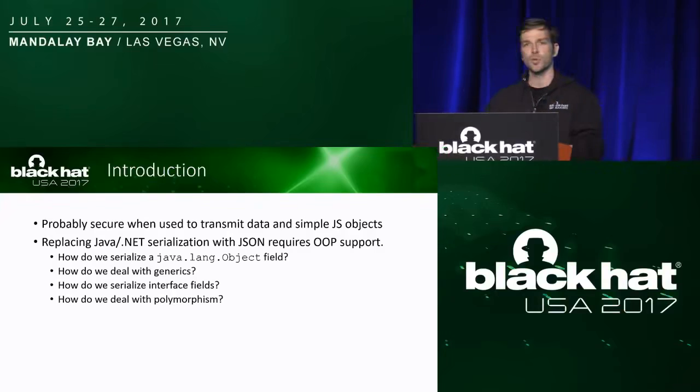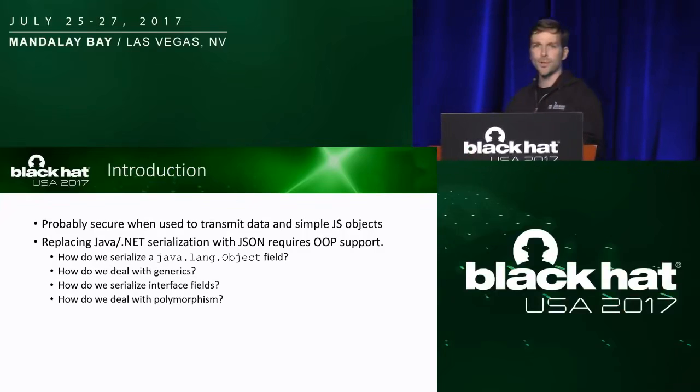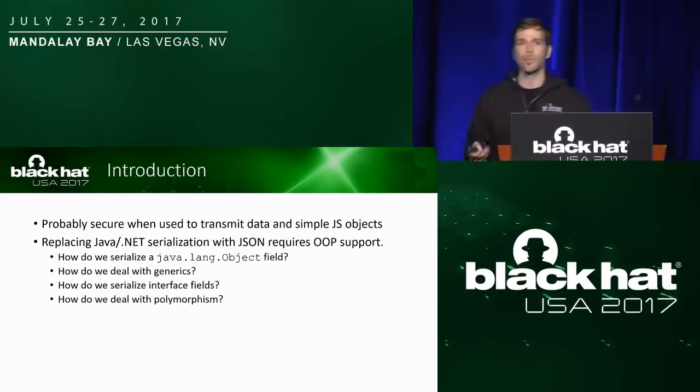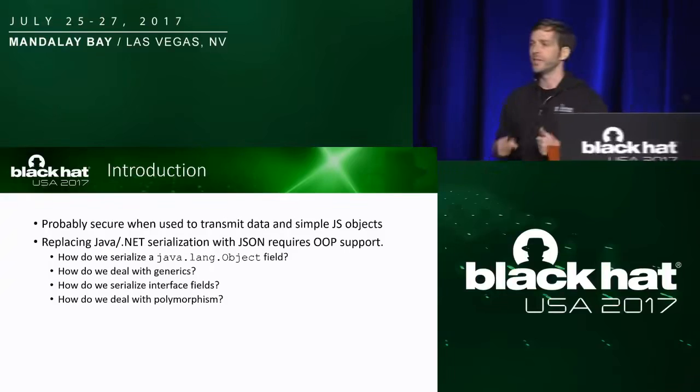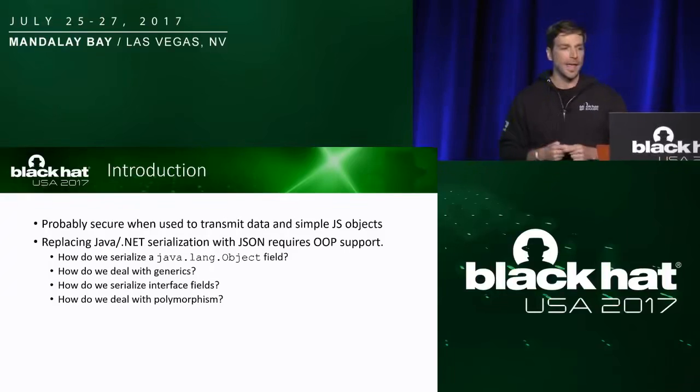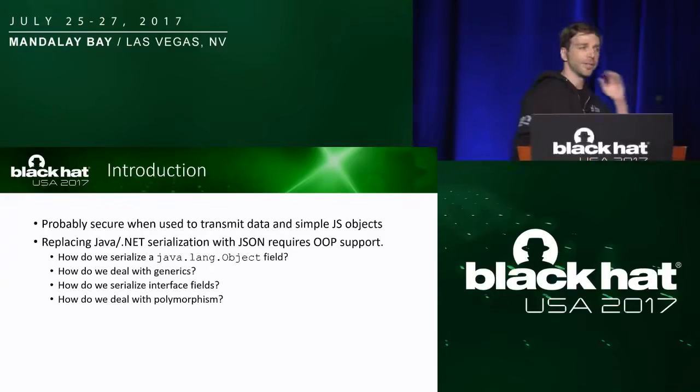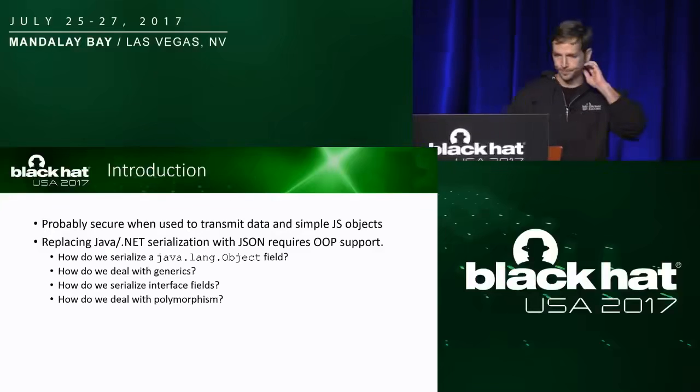And in order to do so, you need to deal with object-oriented programming features like how I'm going to serialize a java.lang object, or a System object in .NET, how I'm going to deal with generics, interface fields, polymorphism, and so on.